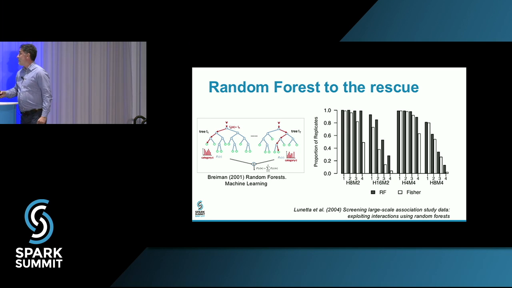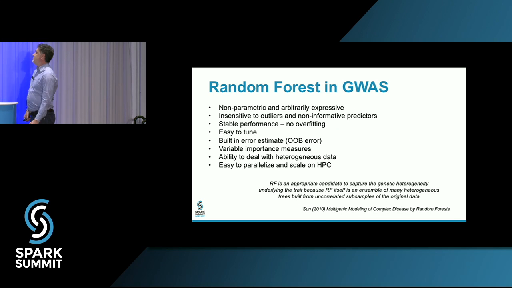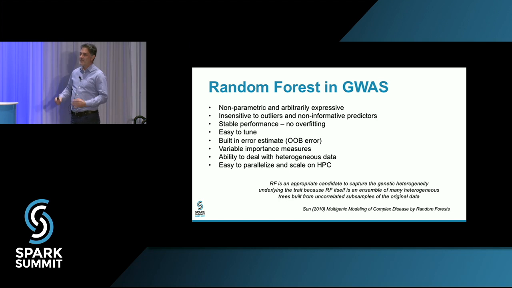And why would that be the case? Why would random forest actually be a good choice for GWAS? Well, there are a few reasons. One of them is that it's very flexible. It's non-parametric, and it can model very, very complex interactions between variables. So it's quite possible that it can capture all the different combinations that epistasis can have. It's also very resilient to uninformative predictors, which in GWAS is quite important because, as I said, we have those millions of different variables and only a few of them actually matter.